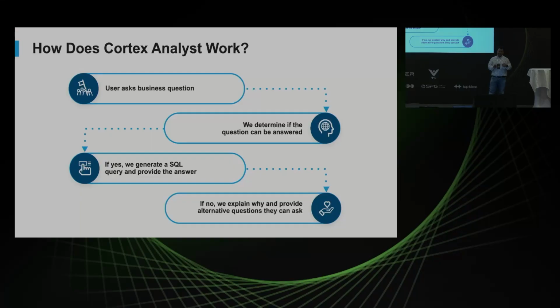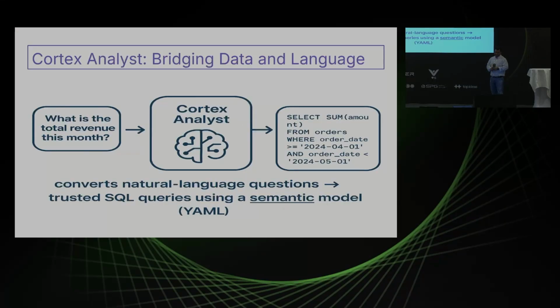In this case, based on the semantic model, it is able to generate a query, run it against your database based on your role-based access, and then give an answer. And if no, then it provides an alternative question and asks for repeated prompts. It gives a graceful error as well, saying if you don't have access to the data, that's the way we have built it. If you think of Cortex Analyst, it's like bridging the data and language.